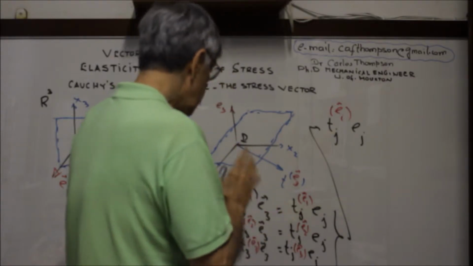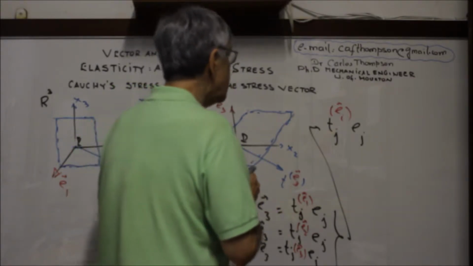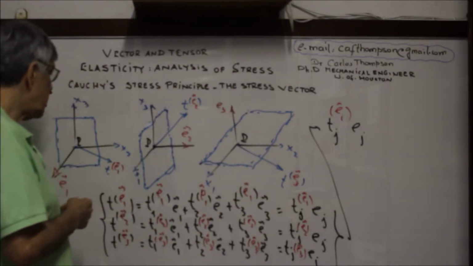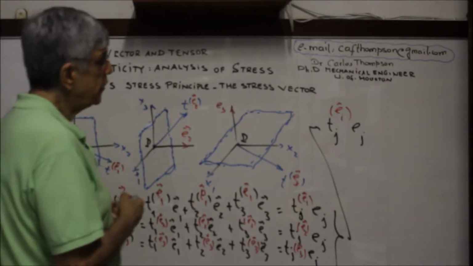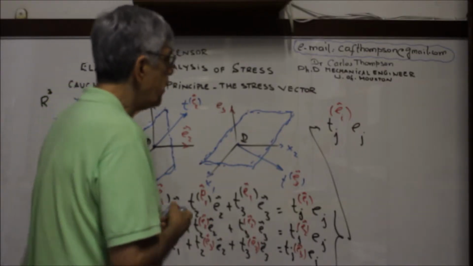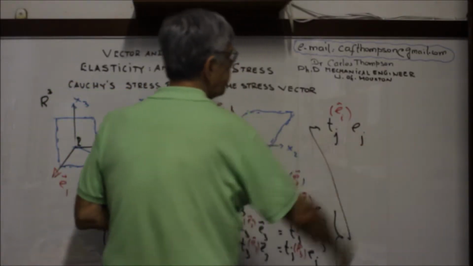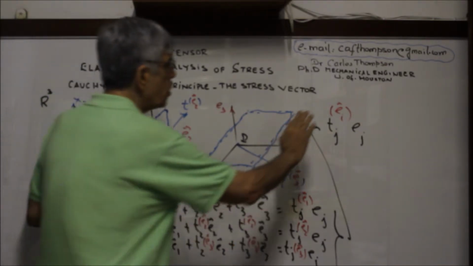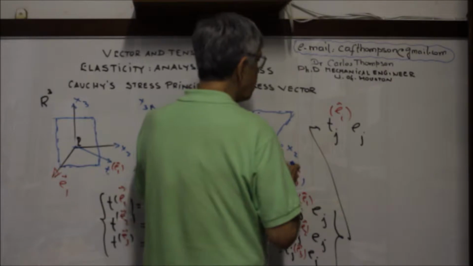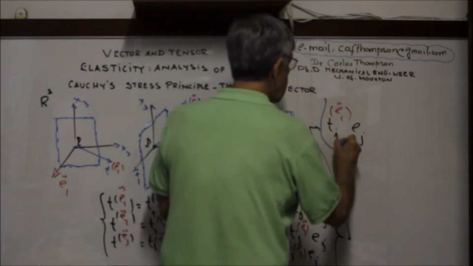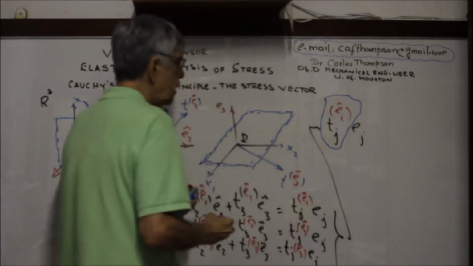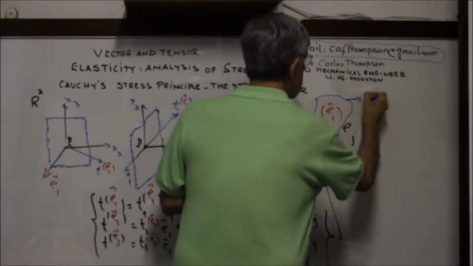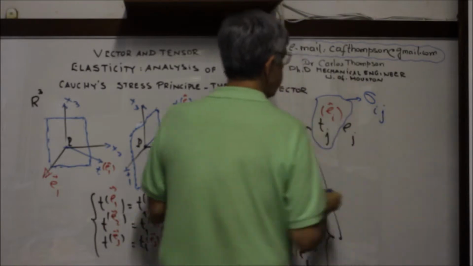Now, do you remember when we started learning about the notation, we forget about the unit vectors and work only with this component over here. This component here I call sigma ij.